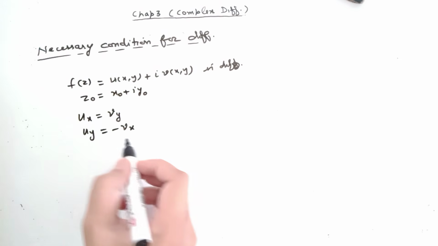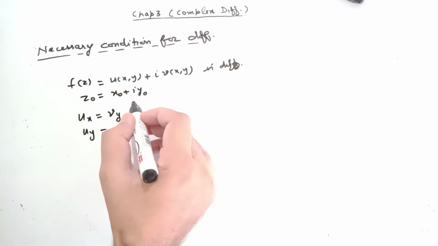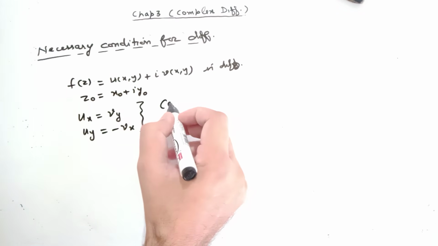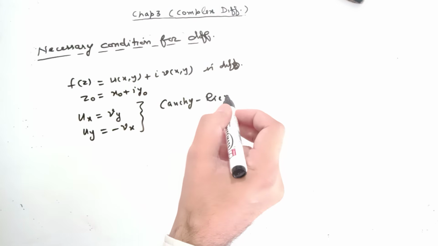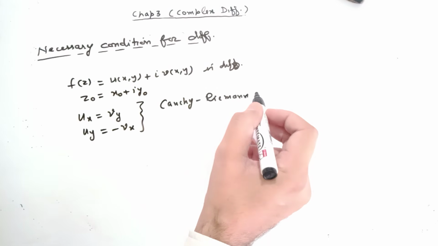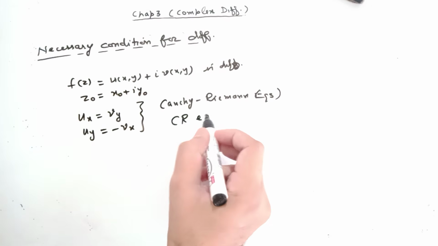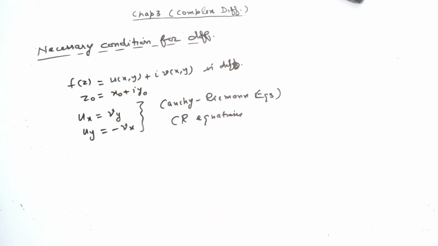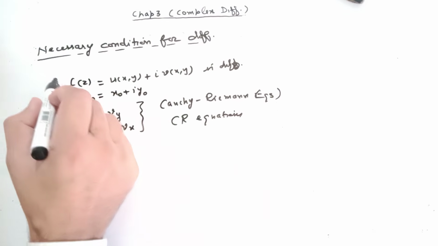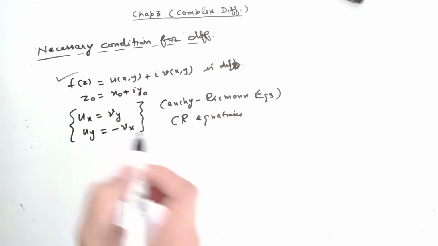These are partial derivatives, okay, ux. These are known as Cauchy-Riemann differential equations, or simply CR equations, in short. So point is that if the function is differentiable, then these CR equations are satisfied.